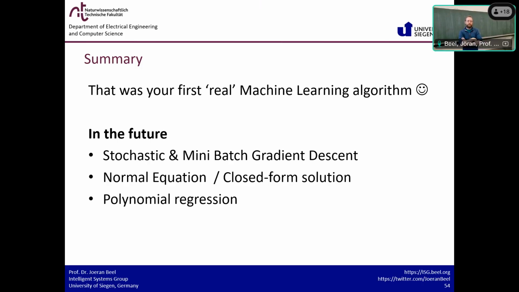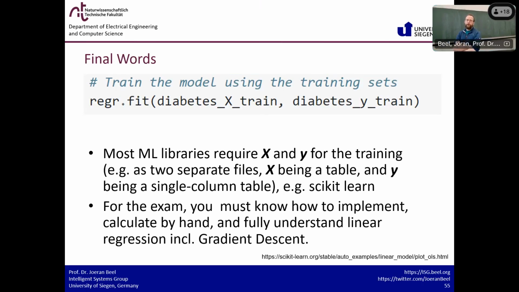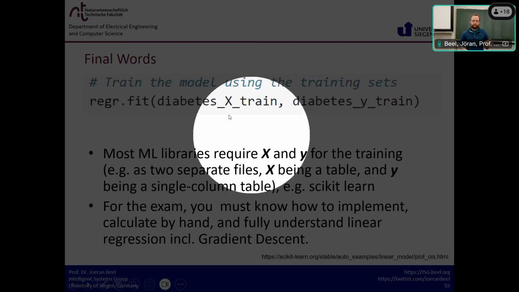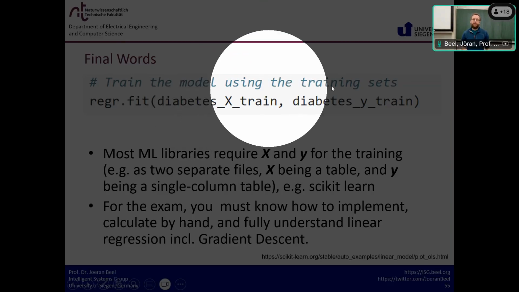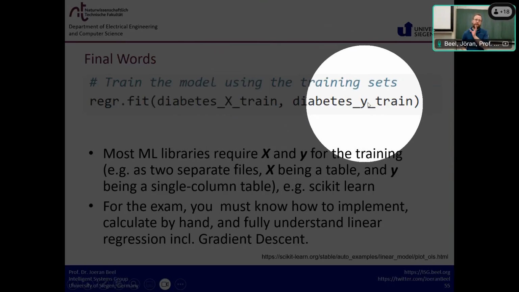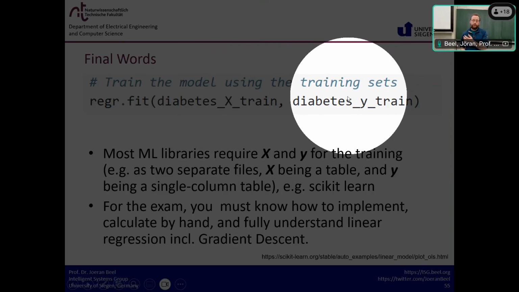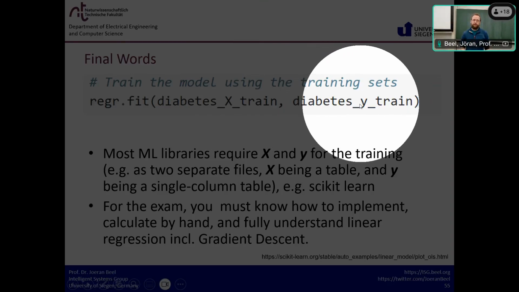In some final words, if you work in the lab sessions with scikit-learn or some other libraries, you very often are required to have this train set, like your variables, and then this extra data set or your vector with the labels.